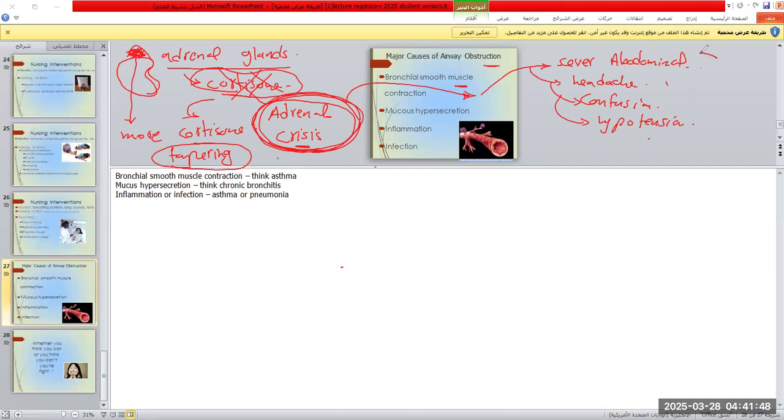So these are signs and symptoms of adrenal crisis. The patient will not be able to tolerate these symptoms, so he should return back again to cortisone, which we call withdrawal symptoms. أعراض الانسحابية.